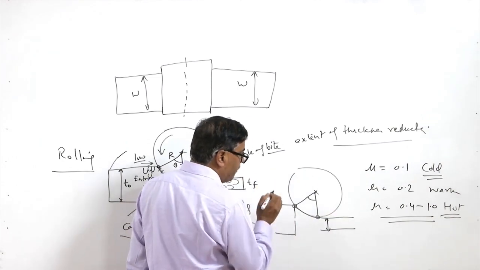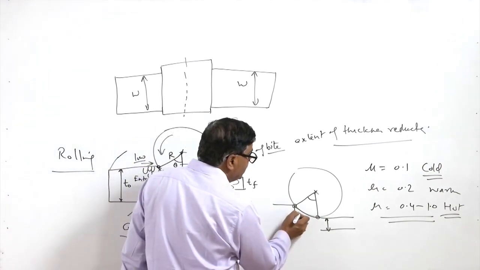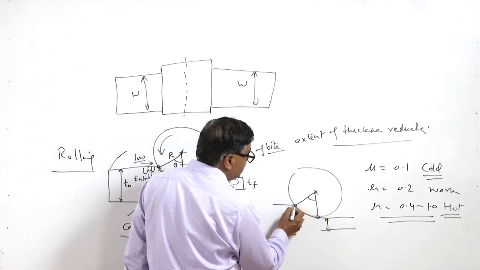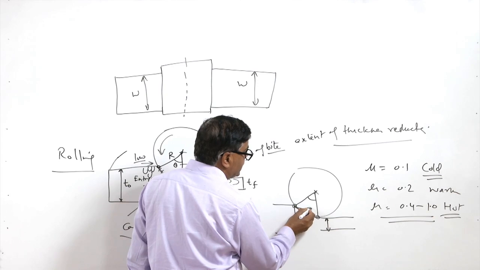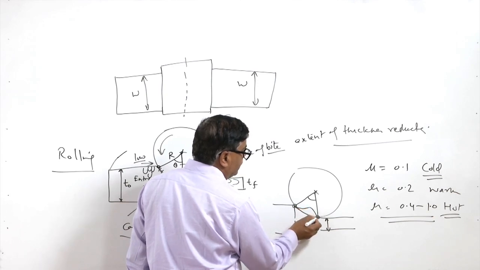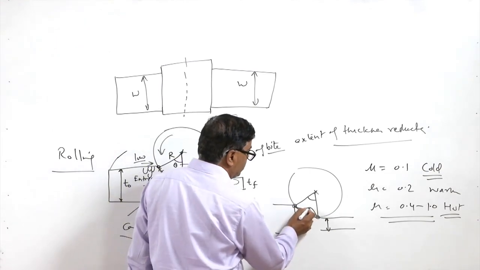So, what happens when the metal enters between the rollers? Initially the pressure builds up in the metal, then it keeps on increasing, and then it keeps on decreasing. Maximum pressure is found somewhere at the neutral plane.